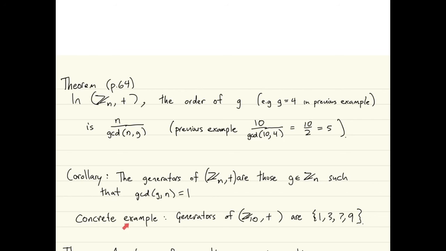So in a concrete example, the generators of Z mod 10Z are 1, 3, 7, and 9, because these are the numbers that have GCD of 1 with 10. And we saw that 3 generates the group Z mod 10Z on the last slide. We computed all the multiples of 3, and we got the entire group back. So I won't prove this theorem right now. You can look at the textbook for the proof.